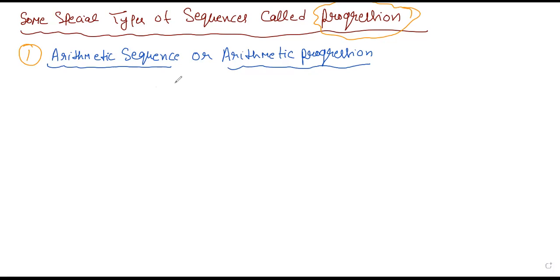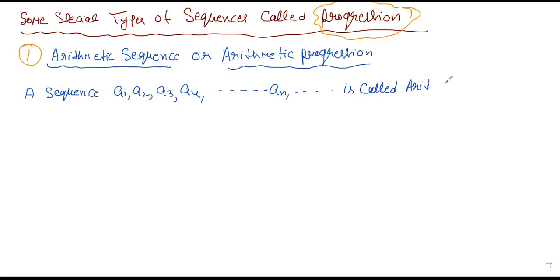A sequence A1, A2, A3, A4, and so on, AN, and so on, is called an arithmetic sequence, or we can say arithmetic progression.